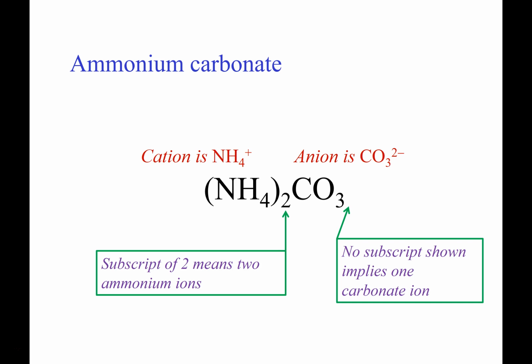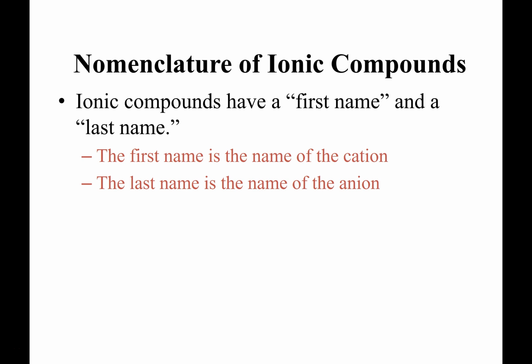So if we crisscross, notice that I need 2 ammoniums, so that's why there's a subscript 2 there, and I only need 1 CO3 group. And if you feel better putting CO3 in parentheses because it's polyatomic, I'm fine, even though you only need 1 of them. But usually it's just written just like that. We'll talk more about that in part 3.